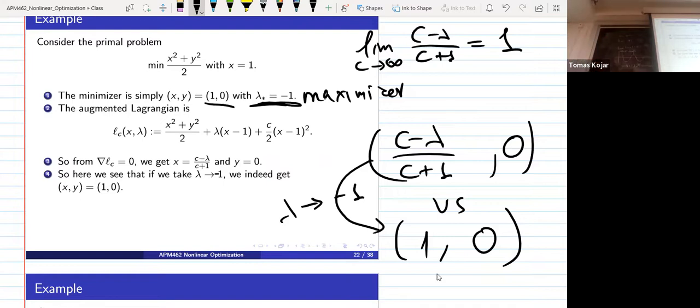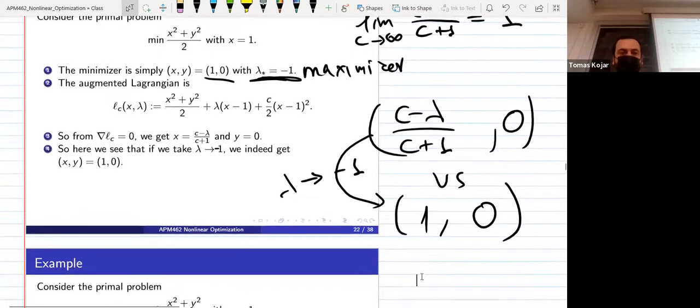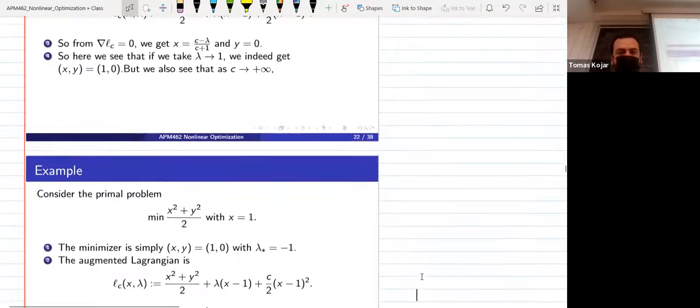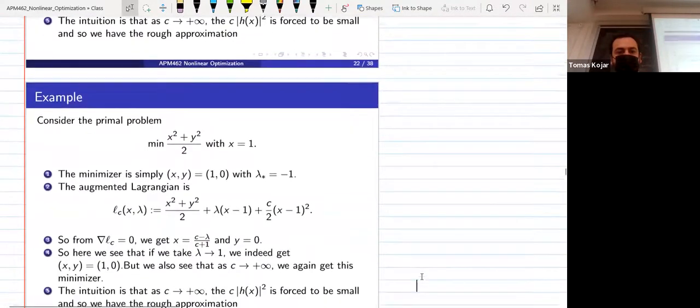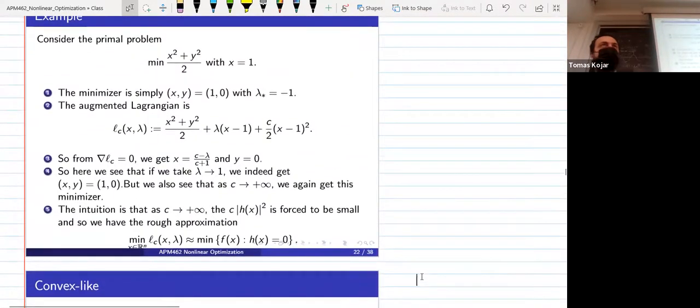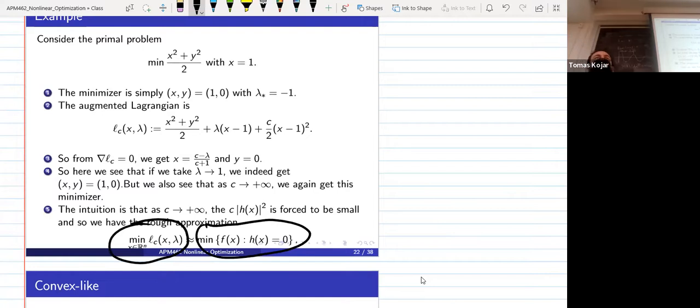Okay, I'll let that digest. So as C goes to infinity, we get this minimizer. We have the following amazing relation: when C goes to infinity, the minimizer of the augmented Lagrangian is the minimizer of the original constrained problem.